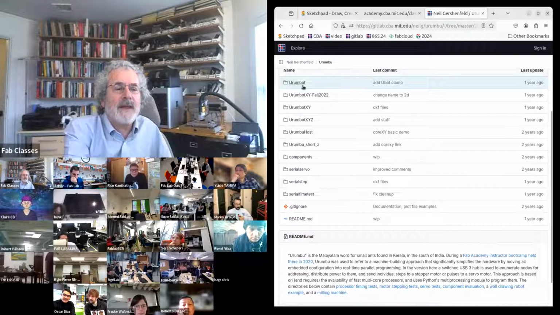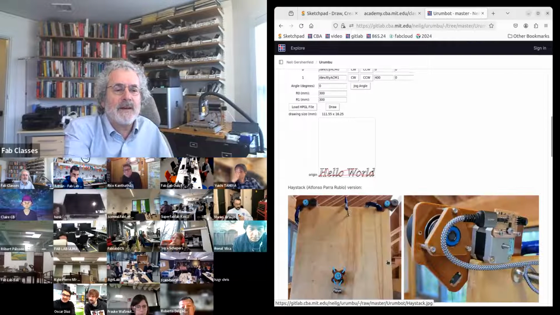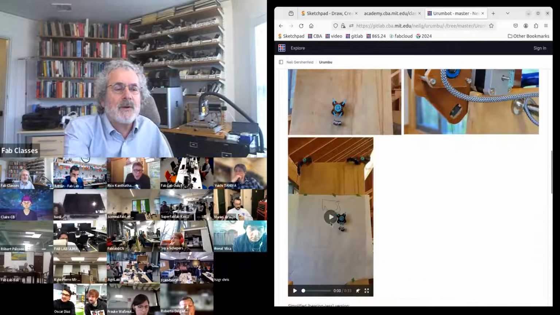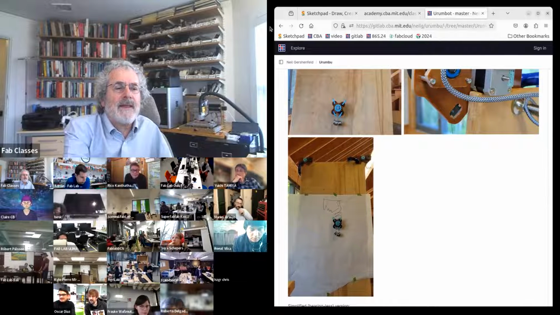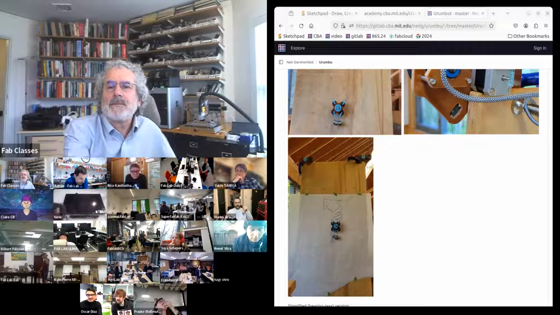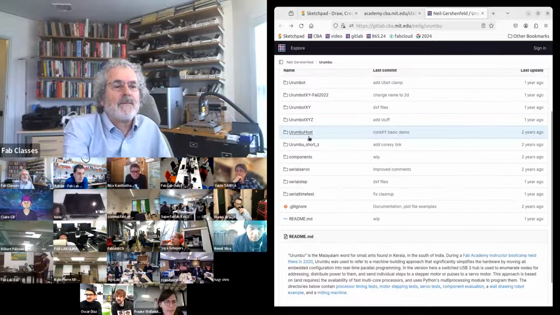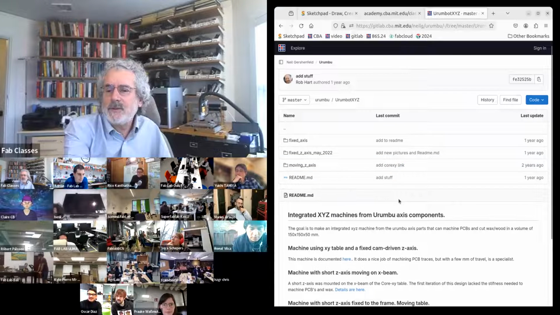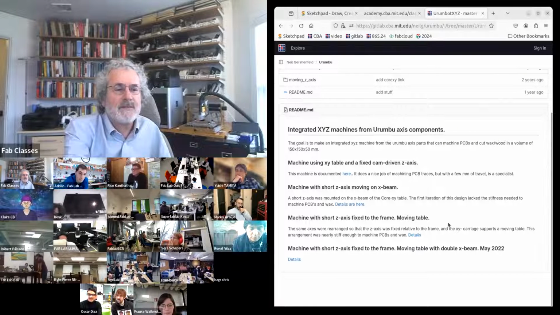And so from there, this was an example where, with two of them, I made a drawing machine. And then this was turning it into XYZ machines.